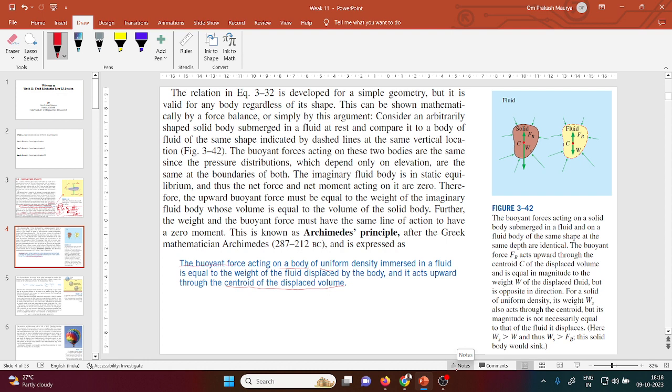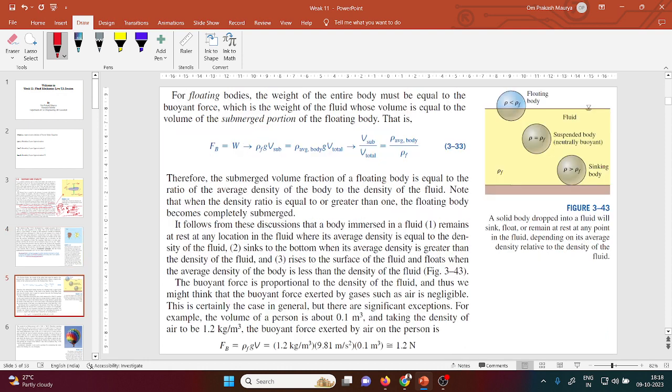Yes. Okay, so now coming to this very important figure. You know these things: the buoyant force is equal to rho g and the volume of your submerged body. Before going on, let's read these things. For floating bodies, the weight of the entire body must be equal to the buoyant force.